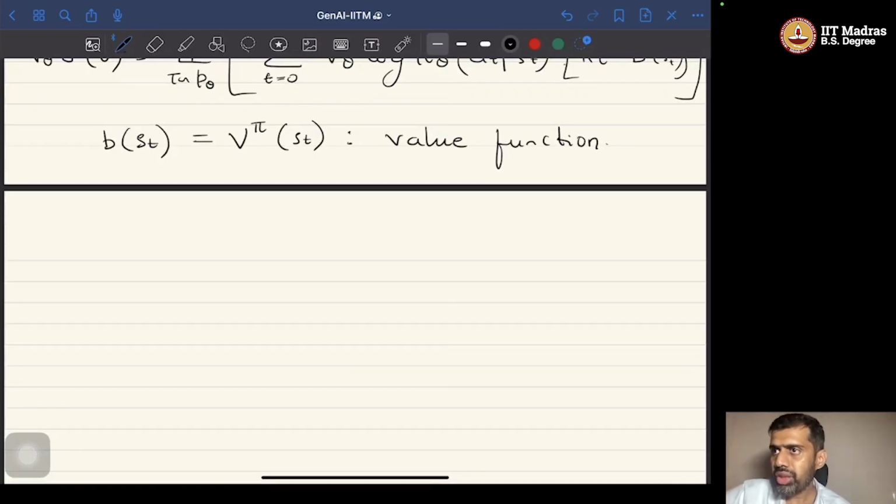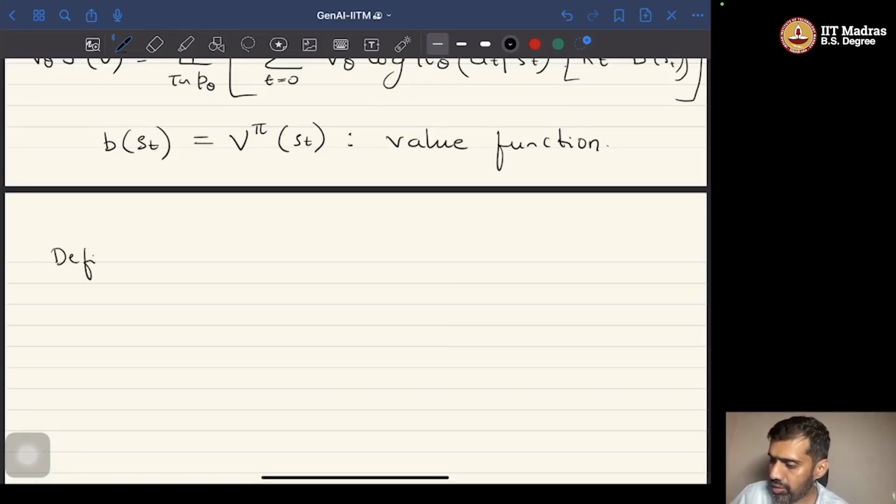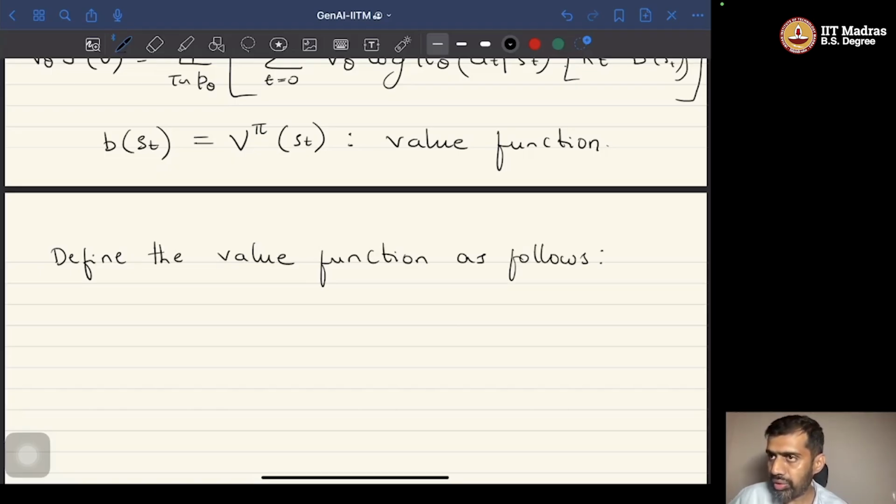Now let us define the value function as follows.